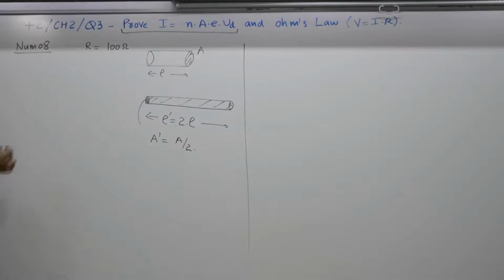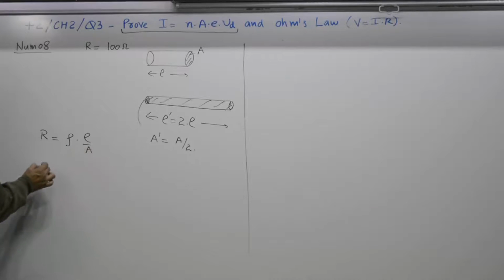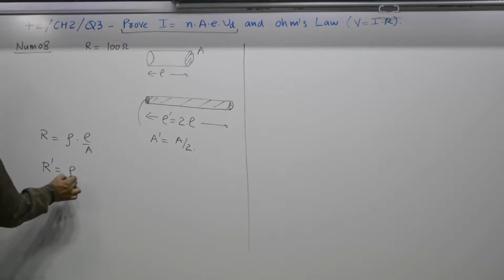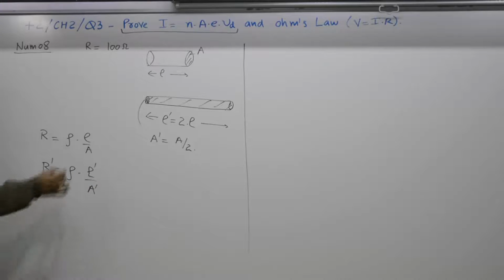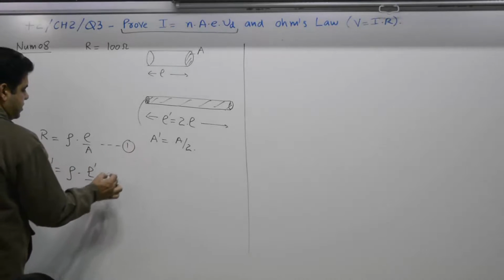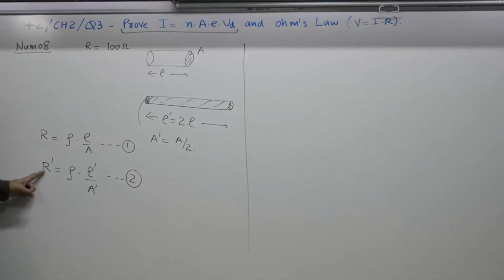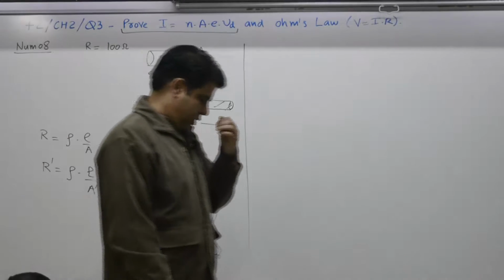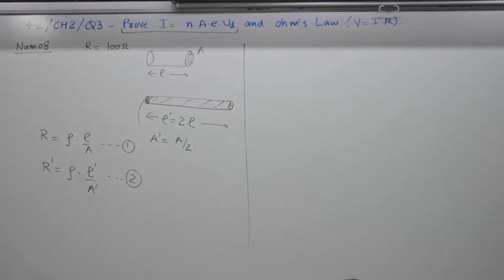So, what was the resistance of the wire R? R is equal to rho L by A. New resistance R dash is equal to rho L dash by A dash. From these two equations, what you want to find out is new resistance R dash is how many times R?